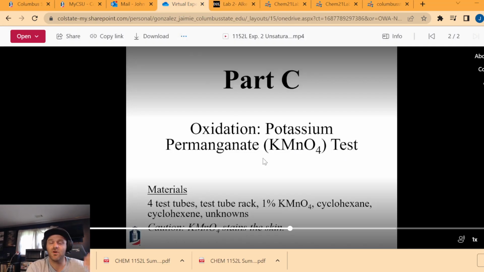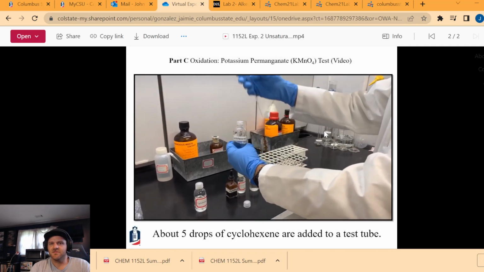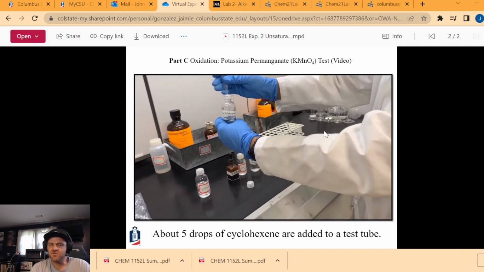That was the bromine test for addition. And I think we concluded that we're going to do unknown A, so number one on the lab report. So now the permanganate is purple naturally. So if no reaction occurs, then it'll stay purple.